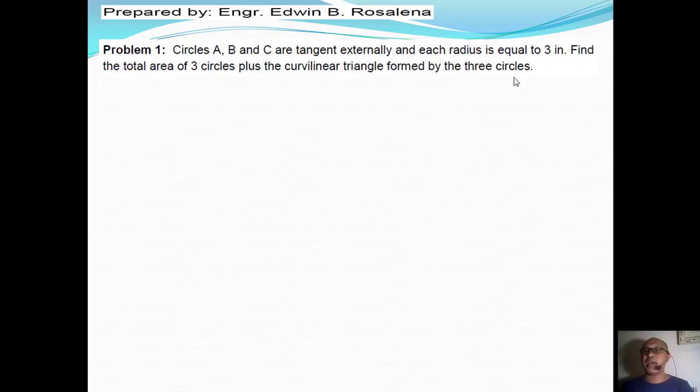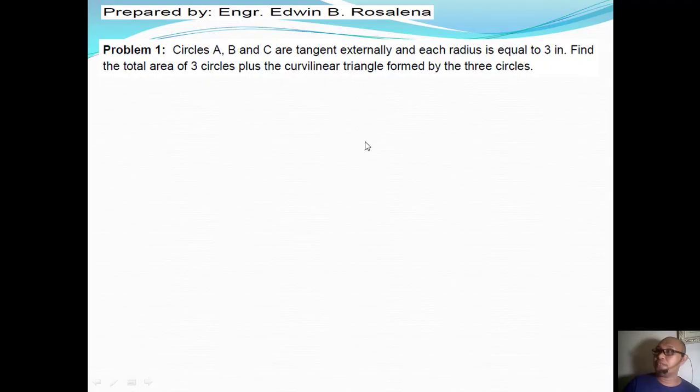They have equal radii, 3 inches. Then we are asked to find the area of the 3 circles plus the curvilinear triangle formed by the 3 circles. So what do you mean by the curvilinear triangle formed by the 3 circles?